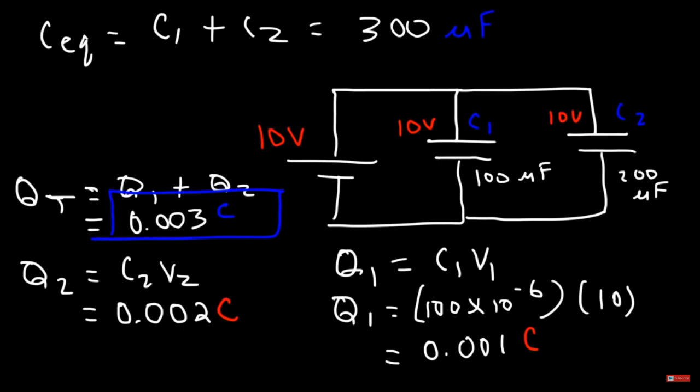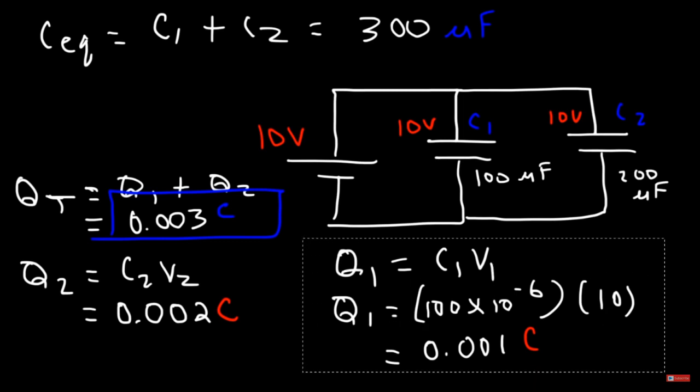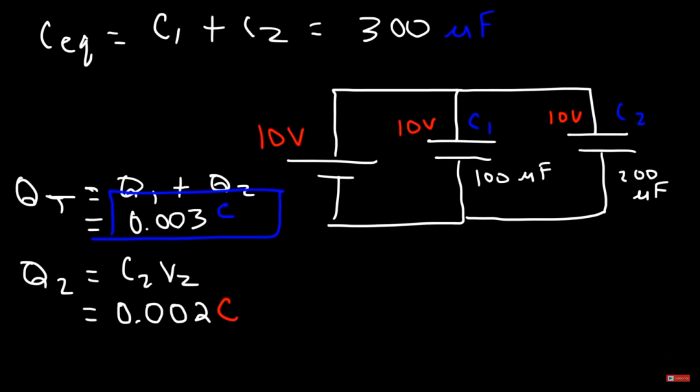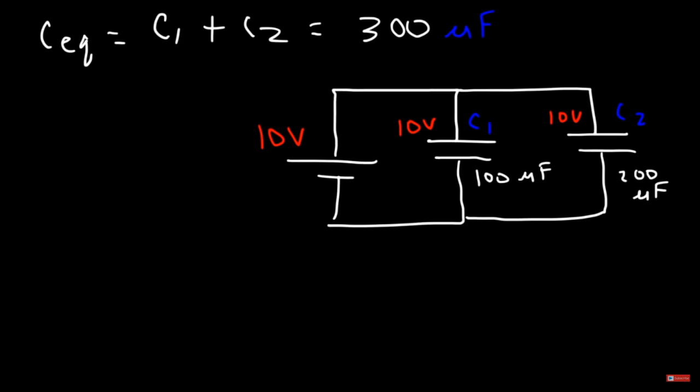Now, how can we calculate the energy stored in C1? What is the electric potential energy stored in that capacitor? One equation that you can use is this one. It's 1 half CV squared.